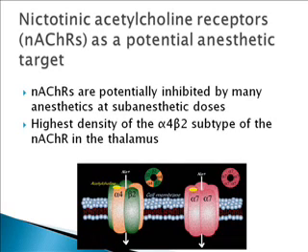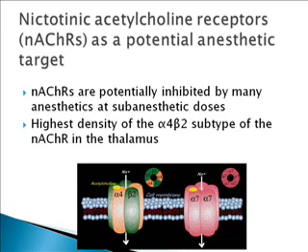Two facts converge to suggest that neuronal nicotinic acetylcholine receptors are a plausible anesthetic target. First, neuronal nicotinic acetylcholine receptors are potently inhibited by many anesthetics at a sub-anesthetic dose. This suggests that nicotinic acetylcholine receptors are inhibited in significant proportions at the concentration of anesthesia associated with a loss of consciousness.